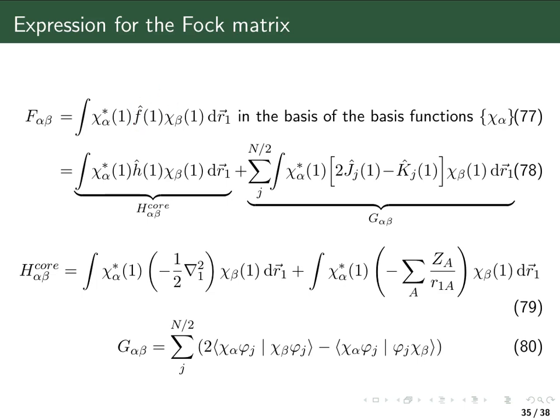Now let's look at this Fock matrix in the basis of the basis functions. So here we have the Fock operator, the spatial orbital Fock operator, and we have this integral with two basis functions alpha and beta. Now the Fock operator, like always, had a contribution from the core Hamiltonian, which is the kinetic energy operator and the operator for the interaction with the nuclear charges. These integrals are collected in a matrix which is called the core matrix.